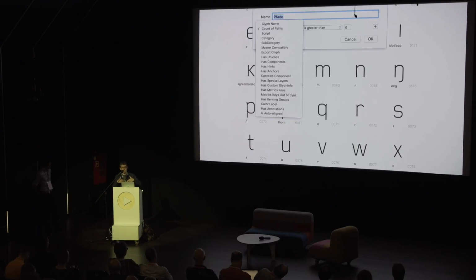So if you use your own glyph data on specific glyphs and you want to spot that, or maybe you want to reset that to the default, you can now do that. You can find auto-aligned or non-auto-aligned glyphs. You can, of course, logically concatenate these things, and you find all the compound glyphs that are not auto-aligned. Oops, there's some work to do.